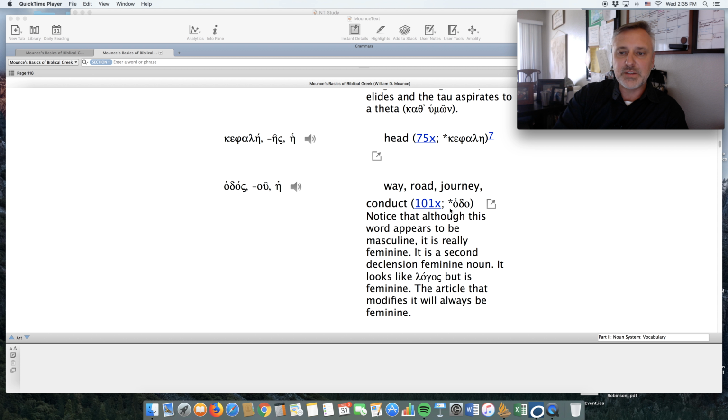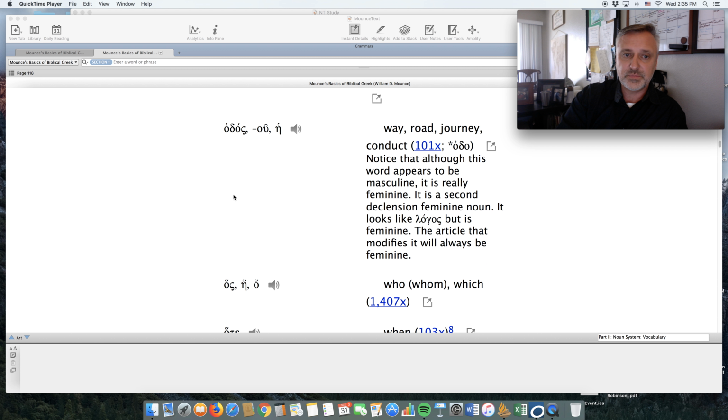The stem is hodo, and it is a second declension noun, but it is feminine. So although this word appears to be masculine, it's really feminine, because we know that declension is not entirely tied to gender.